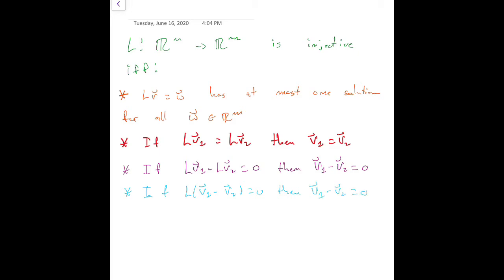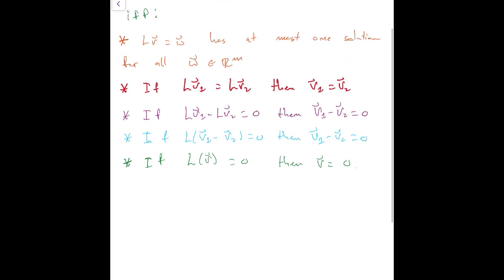Okay, but now I'm just going to replace V1 minus V2 with a single vector. So if L applied to V is equal to 0, then V is equal to 0. These different colored statements, orange, red, purple, blue, and green, are all different statements that are equivalent to saying that L is injective. Okay, so let's look at some more.